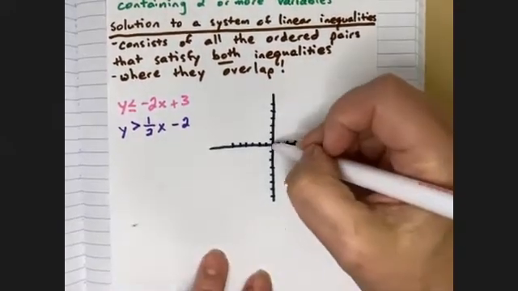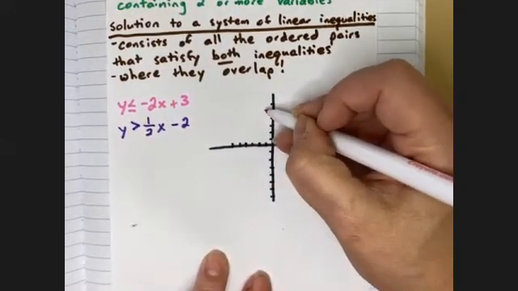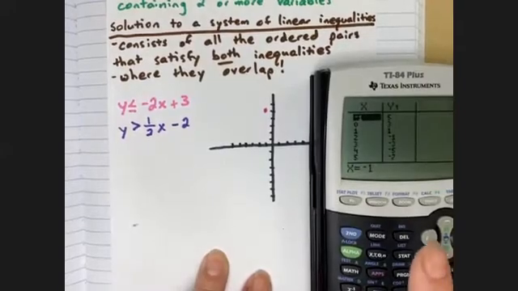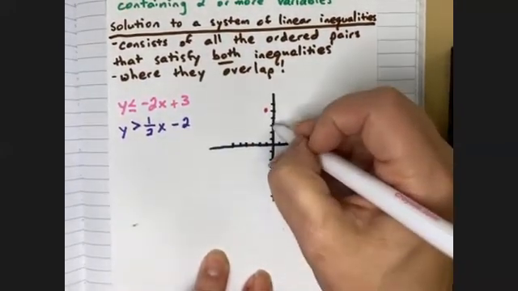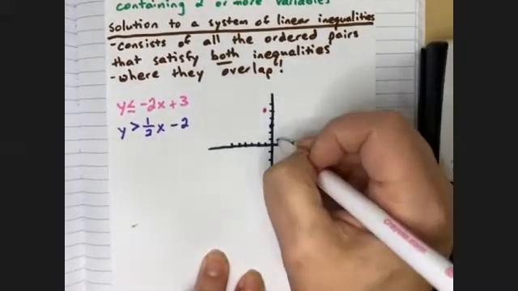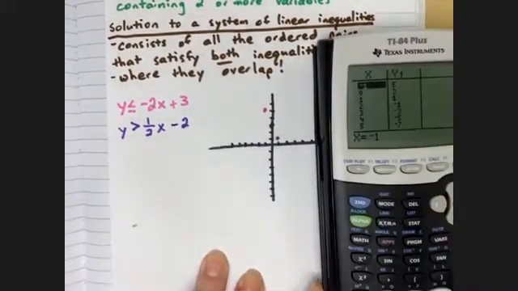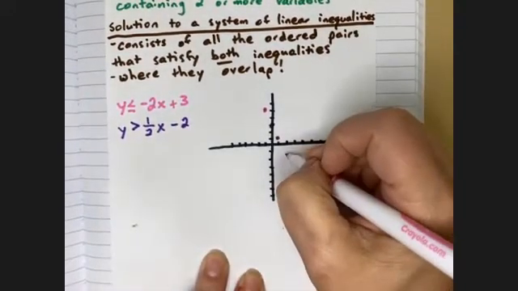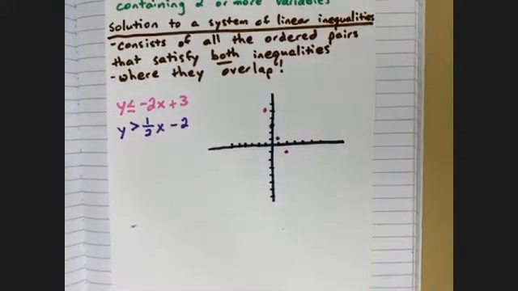So -1, 1, 2, 3, 4, 5. I have 0, 3. So 0, 1, 2, 3. 1, 1. And let's see, 2, -1. All right, so I'm going to get some dots and I'm going to graph them.